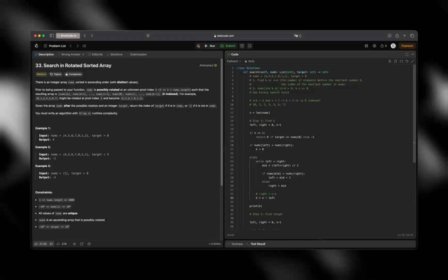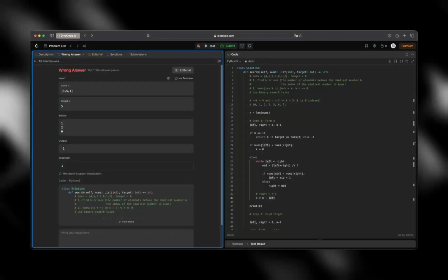Actually, now that I think about it, there's one problem here. Left and right are actually the real indices. And why did I have to do n minus left? Let me submit this to see if everything is working fine. Okay, the same one fails.